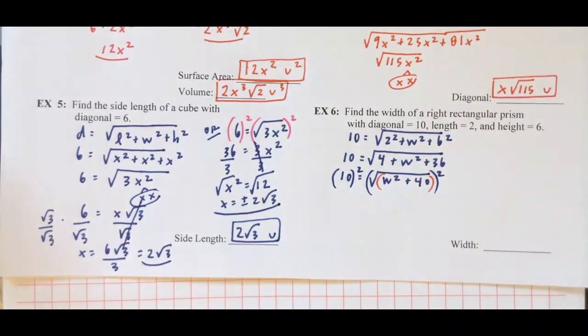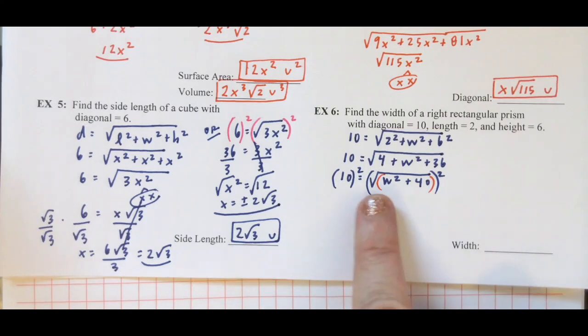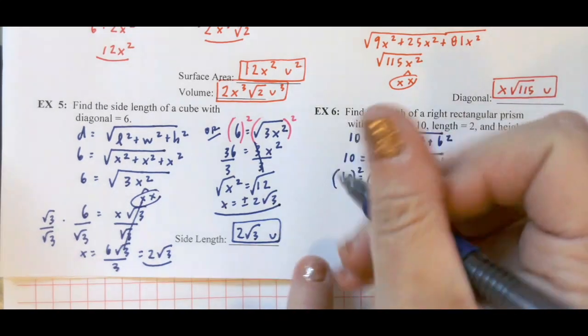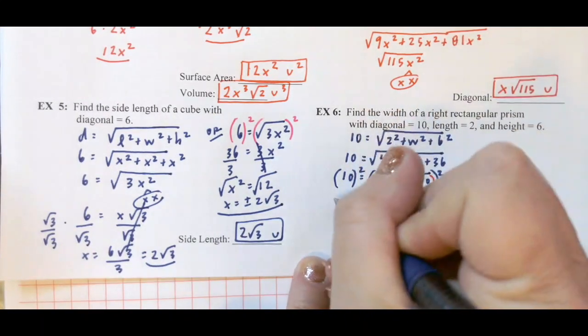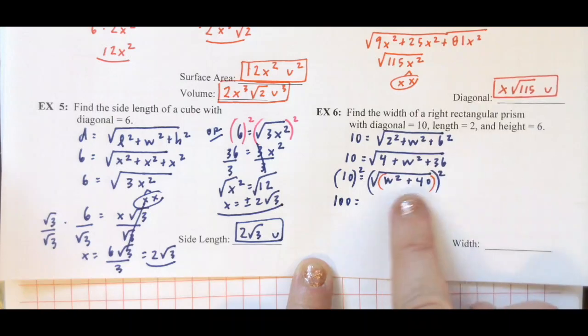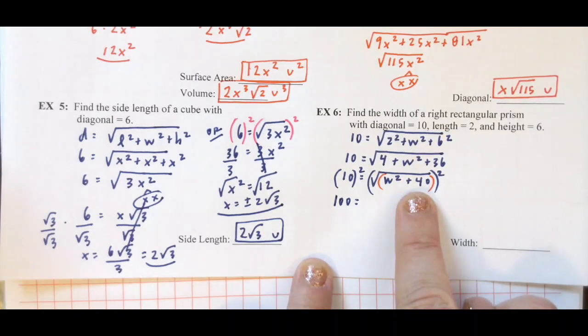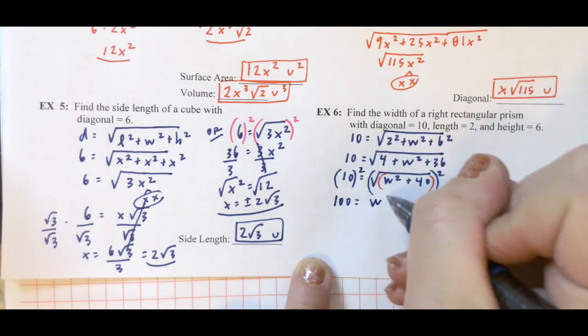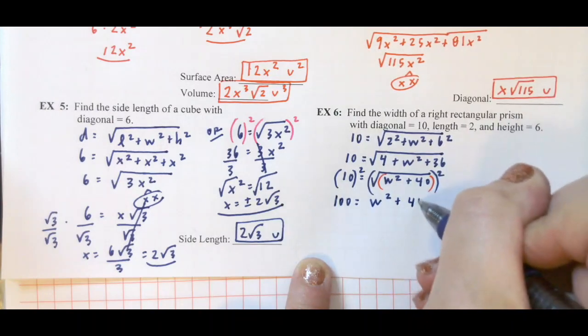That gives me a pair underneath the radicand. So now I have 100 equals w squared plus 40.